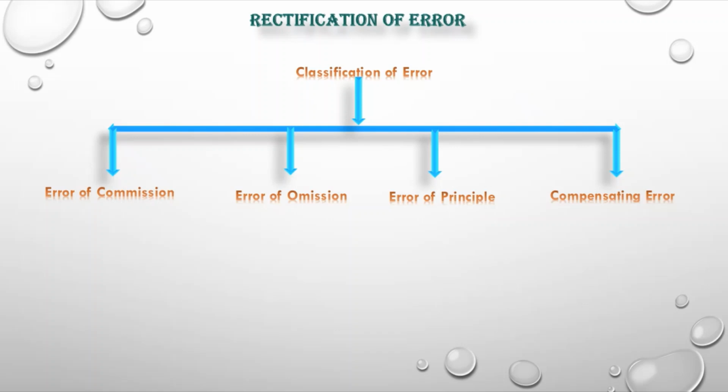So the first error might be posting the correct amount but to a wrong side of the proper account. For example, instead of crediting a supplier who has supplied goods on credit, his account might have been debited. So this is the wrong side of the proper account.